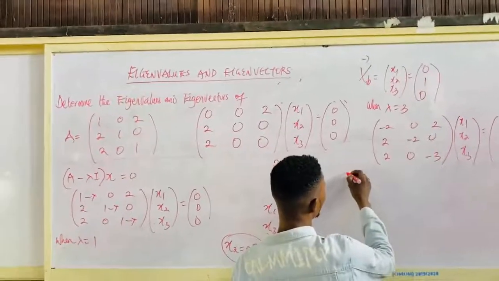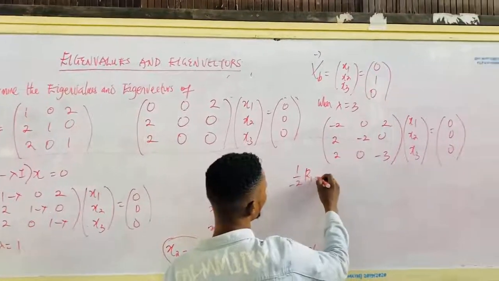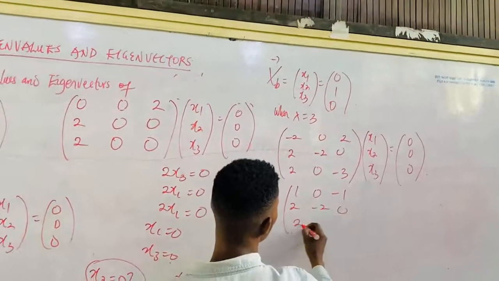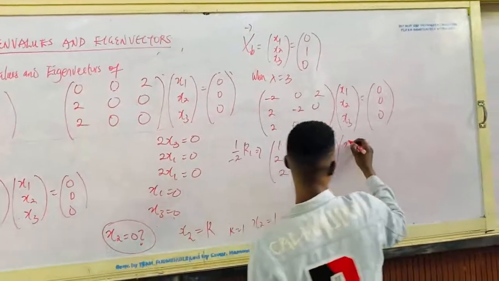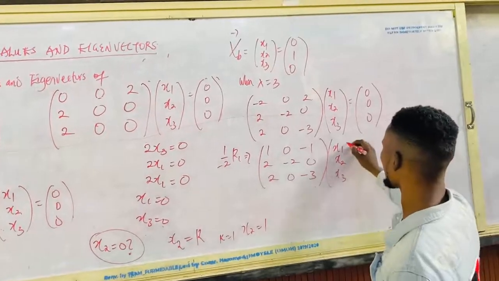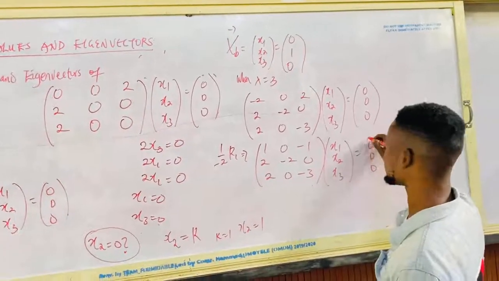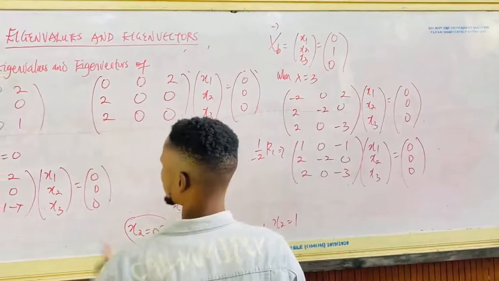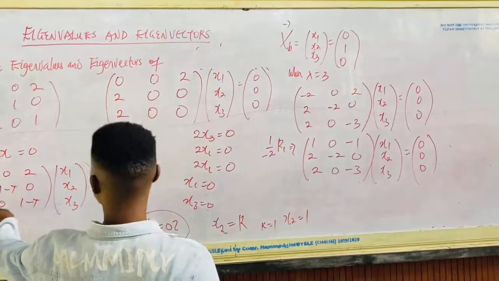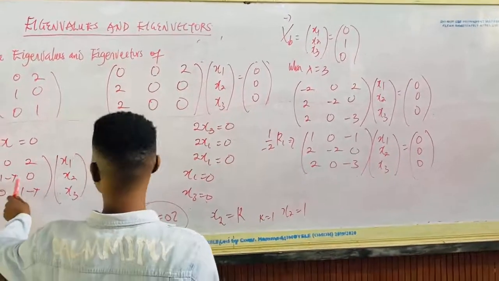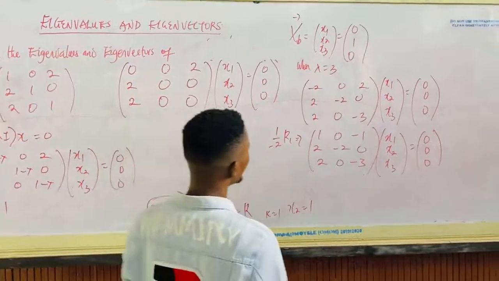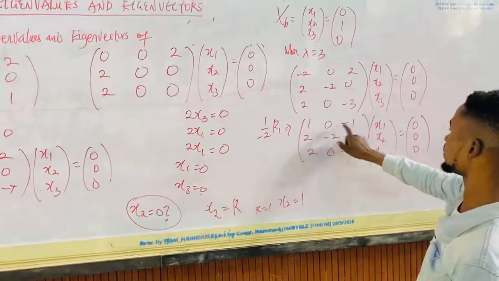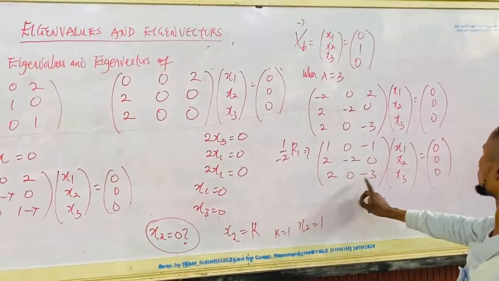If I divide row 1 by minus 2, that gives 1, 0, minus 1, 2, minus 2, 0, 2, 0, minus 3. And this is x1, x2, x3, equal to 0, 0, 0.